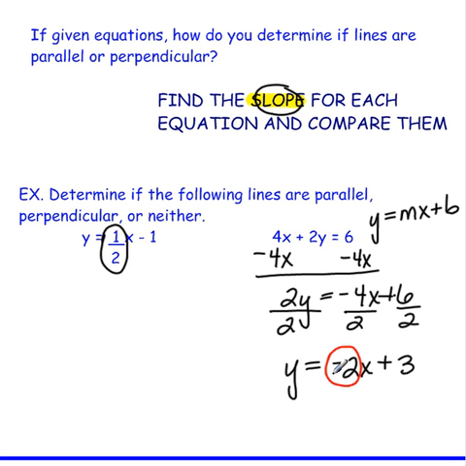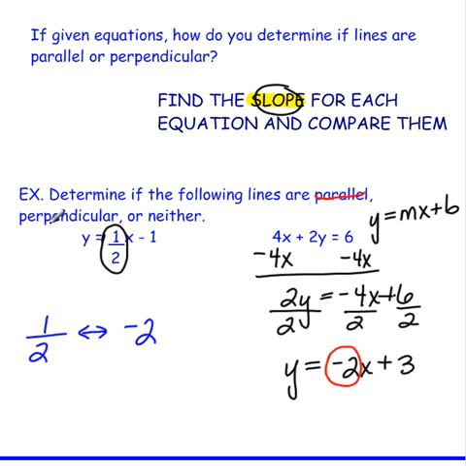So we've got -2. Okay, so in the first one, we had 1/2. In the second equation, we had -2. Is there any relationship between the two? Well, we know that parallel lines are supposed to have the same slope, so we can cross out parallel right now because those slopes are not the same.